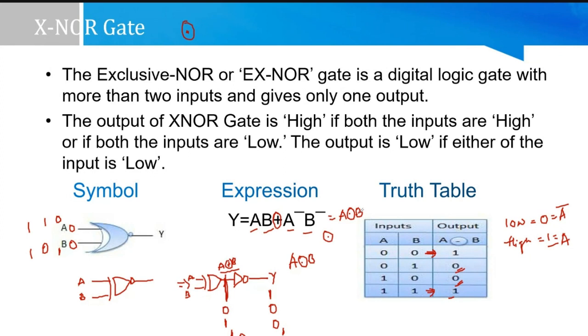See, it is not only in the subtraction, wherever there is an arithmetic operation. The parity checker also you can use. In the parity checker you can use the XOR gate, and wherever you want to check the data, there also you can use the XOR gate.